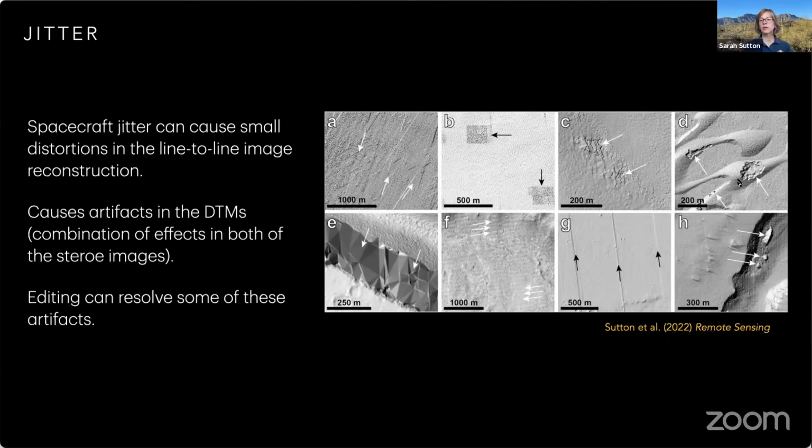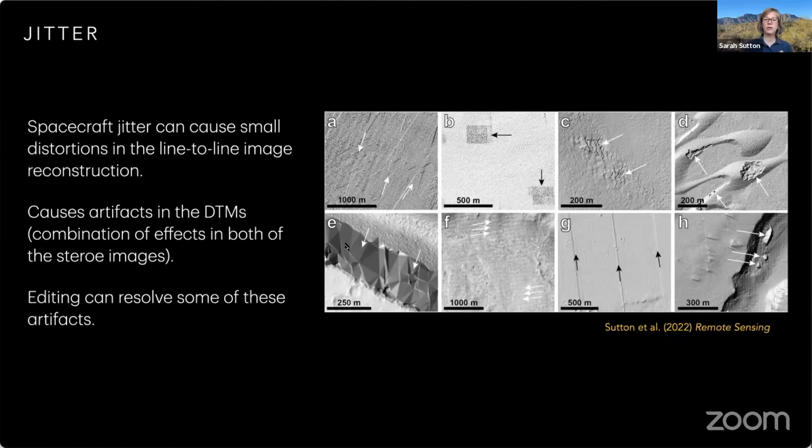So this is not real topography, it's an error. We try to edit them out, but often that's just too time consuming. So we will selectively edit areas of high interest to the scientist requesting the data and maybe leave others untouched.